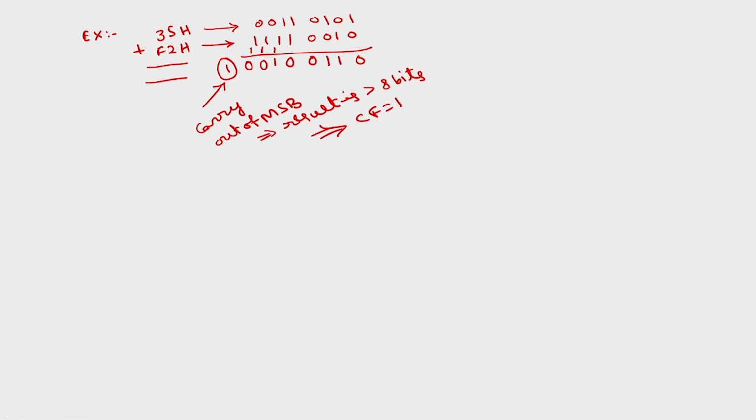If I take another example for 16-bit, say the subtraction 2FFH minus 3000H.